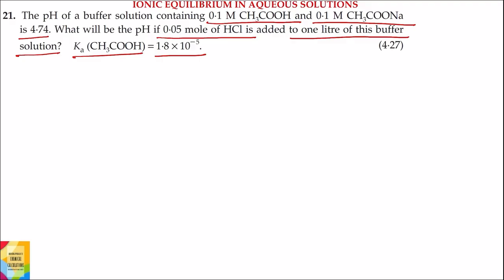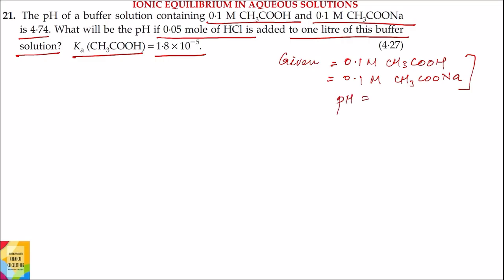Now in this question it is given that 0.1 M acetic acid and 0.1 M sodium acetate solution is taken, which is acting as a buffer solution, and the pH of this buffer solution is equal to 4.74.